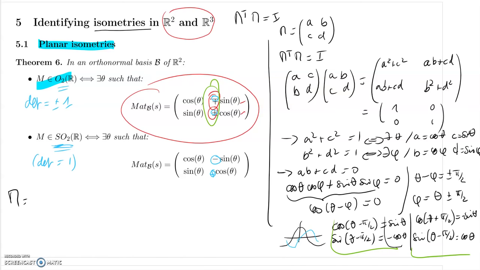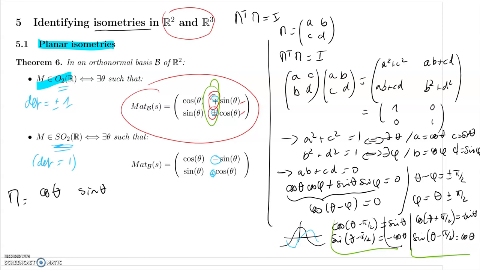So A is going to be, what did we say? We said that A would be the cosine of theta, and we said that B would be the cosine of phi, but then phi is theta minus pi over 2, so that would be sine of theta, okay?